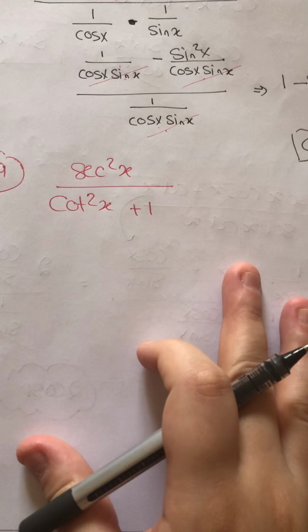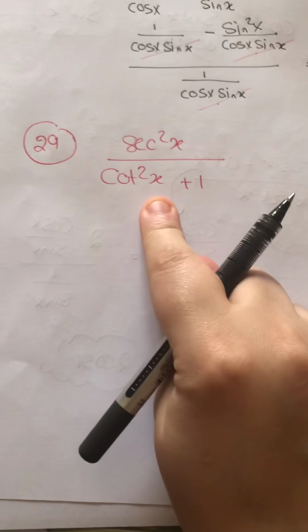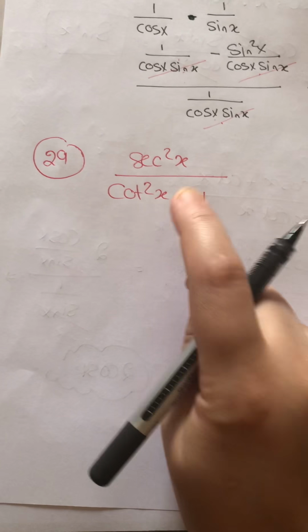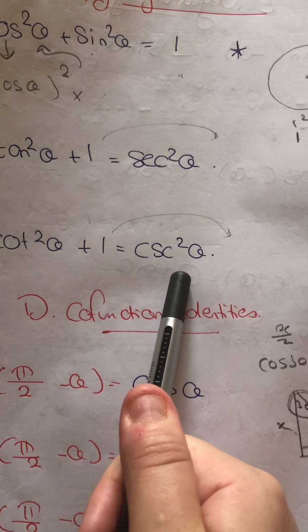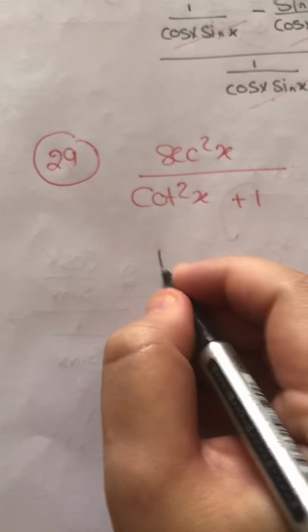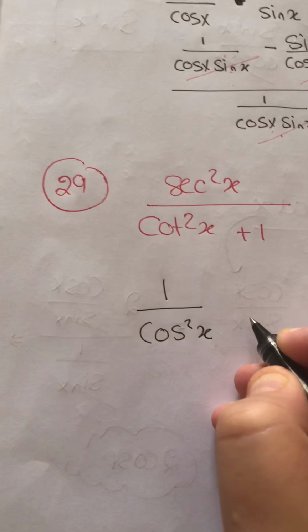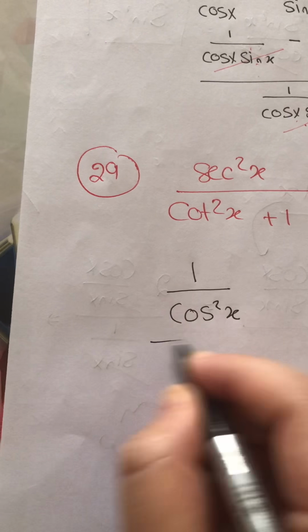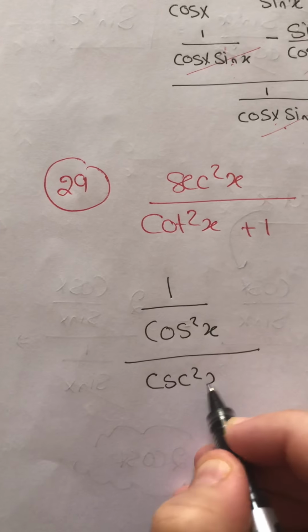Question number 29. Okay, what will I do over here? Come on, observe well, this is this. Cotan squared x plus 1 is cosec squared x. This will make your life very peaceful in this question. 1 over cosine squared x, all over cosec squared x.